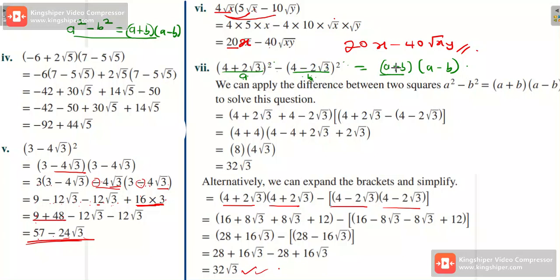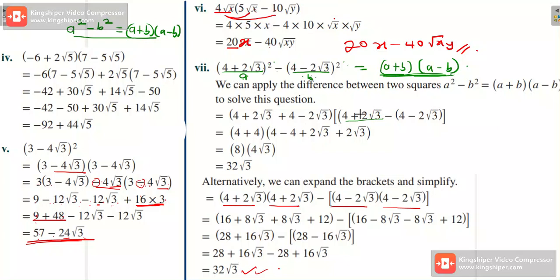Then we have a minus b, where the a is 4 plus 2 root of 3, then minus, then the b is 4 minus 2 root of 3, which is here. So basically, we have written this whole expression in terms of the expansion for multiplication of two binomials. Difference of two squares.